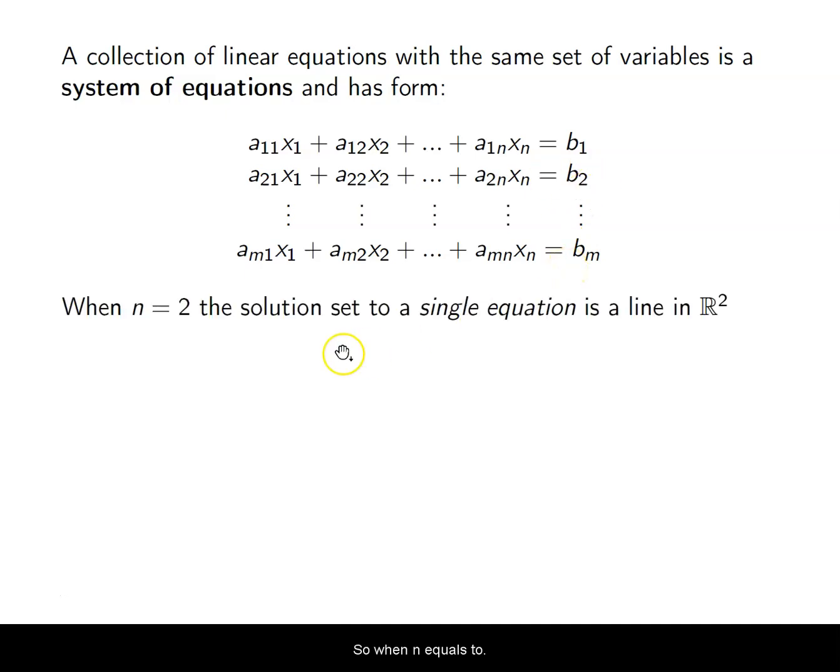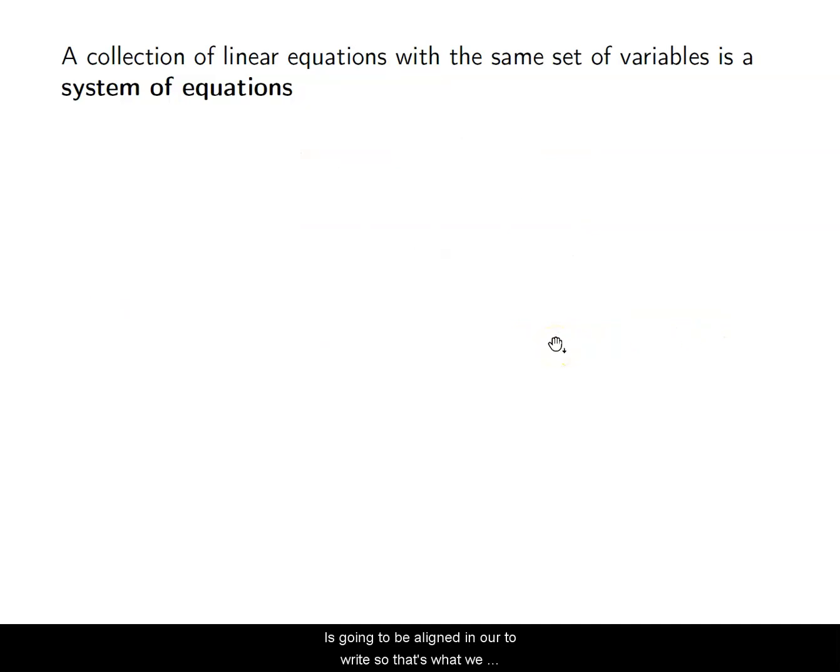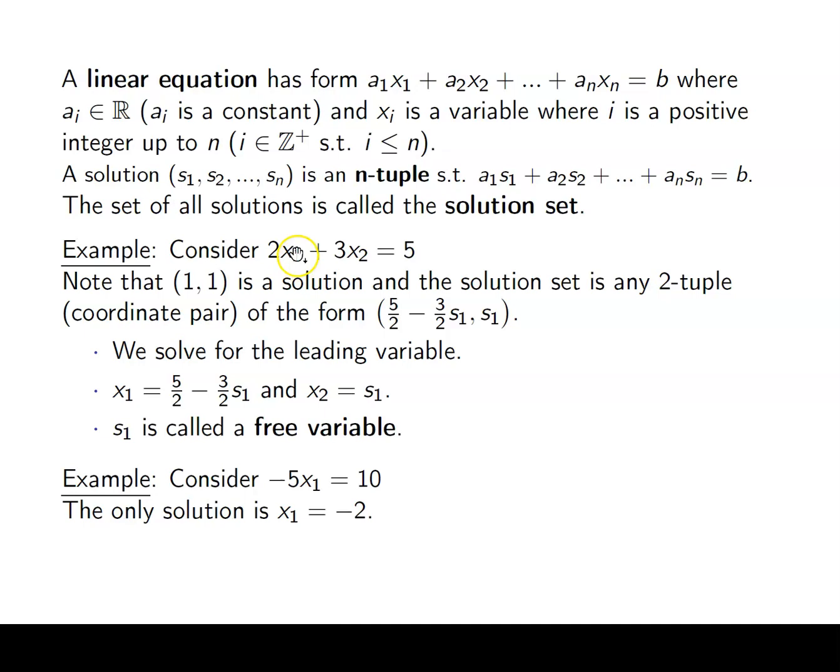So when n equals 2, the solution set to a single equation is going to be a line in R2, right? So that's what we were looking at over here. I had two variables and a single equation. And so this just created a line, right? This is really just another way of writing a line. This is just what all the points in this line look like, right?